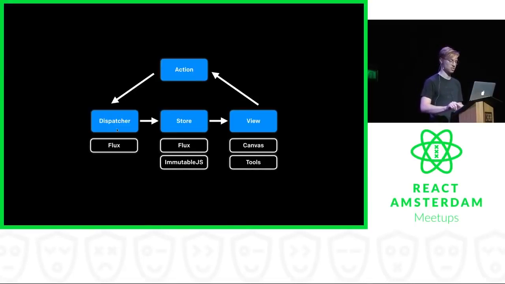Another thing, Immutable.js, it's an amazing library, but when doing many manipulations at the same time, it gets quite slow, especially if you compare it to plain old objects. It's actually quite a bit slower, and this also became a problem for us. So this is something that we needed to change.